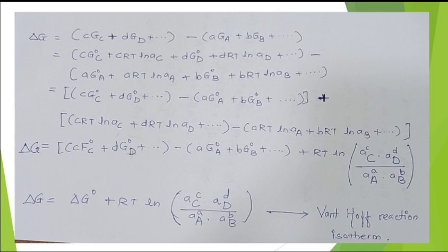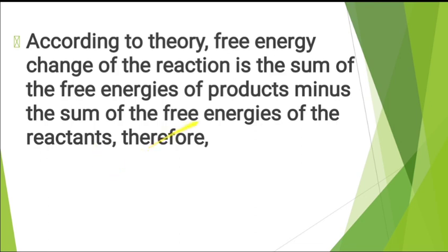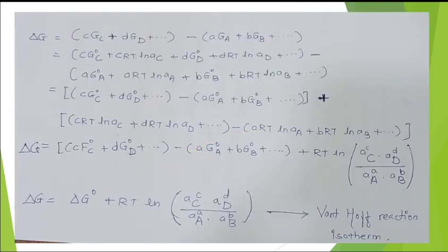Here small a and b are the number of moles of the reacting species and GA and GB are the Gibbs free energies of the reactants. So just according to this, we have written the equation: change in Gibbs energy is equal to the sum of the Gibbs free energies of the products minus the sum of Gibbs free energies of the reactants. So just put the equations of cGC, dGD, aGA and bGB here.